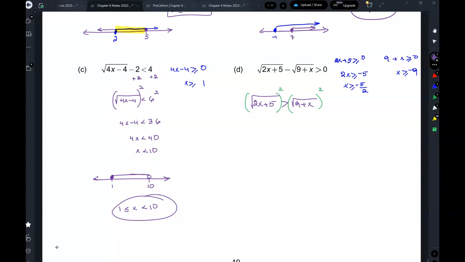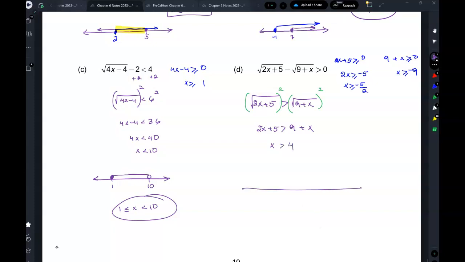All right. So now 2x plus 5 is greater than 9 plus x. So subtract x, we get x on the left side is greater than 4.